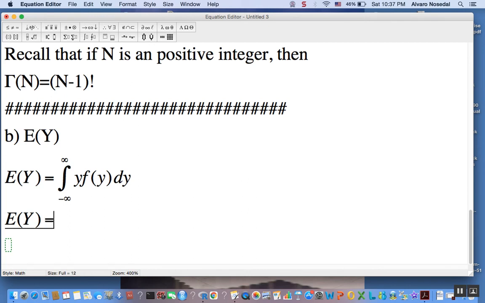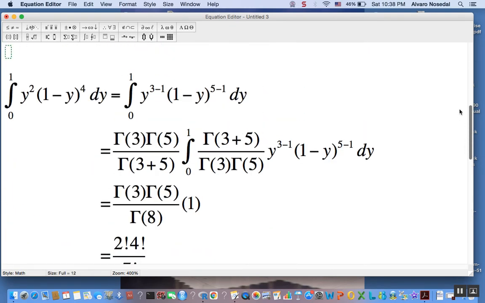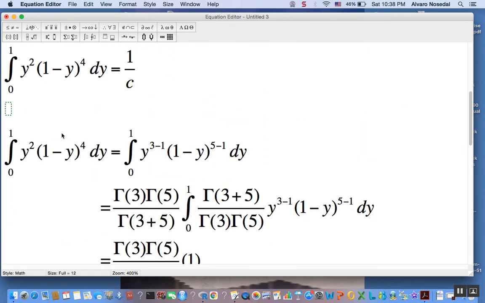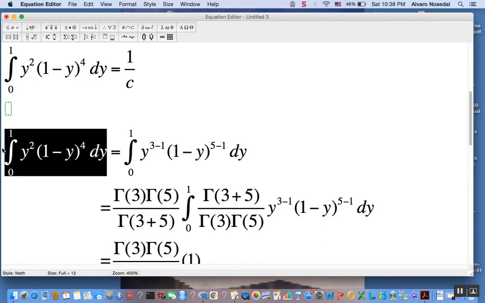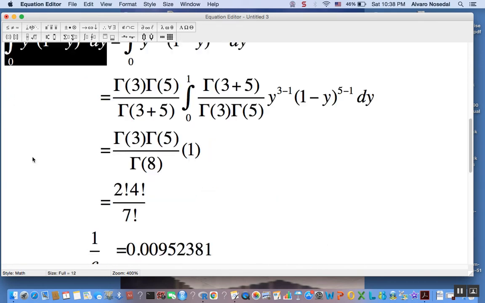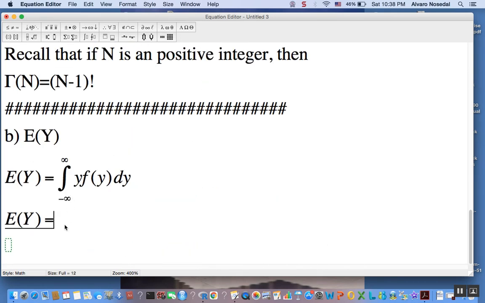So in this case it would be the integral from negative infinity to 0 of 0 plus the integral from 0 to 1 of 105 times this. We know that this guy is the only part that is going to matter. So let me be lazy here.